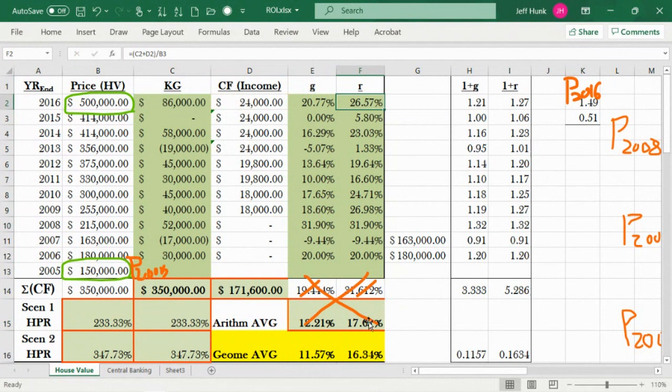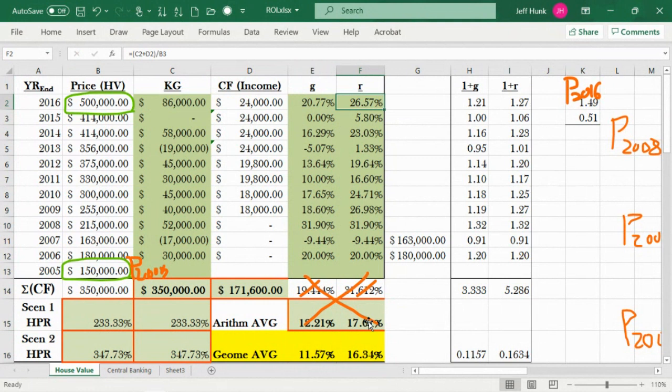The difference between the return and growth rate is, as I already told you, that growth rate is the return in scenario 1, and the return in scenario 2 is the complete return, because it has both components, capital gains and additional income.